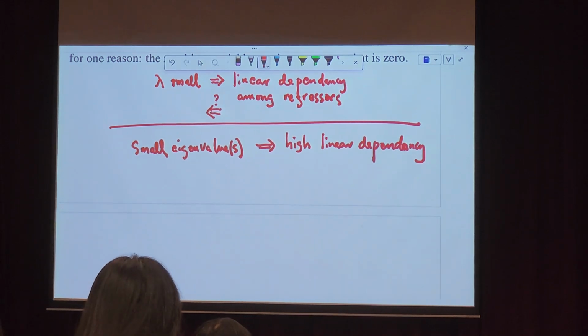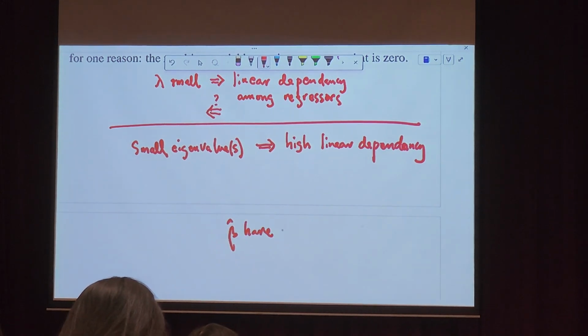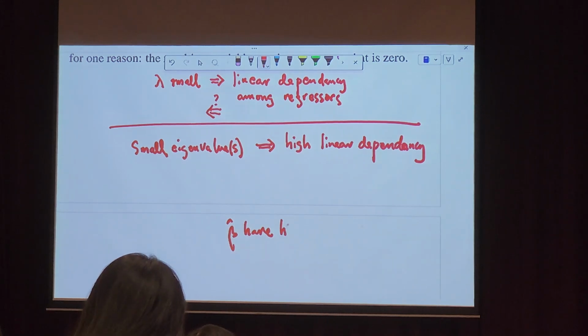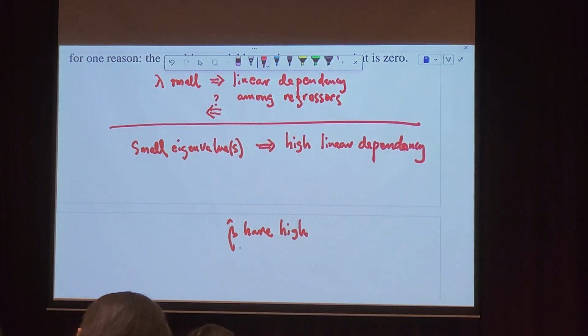High linear dependency means the betas have high variances.